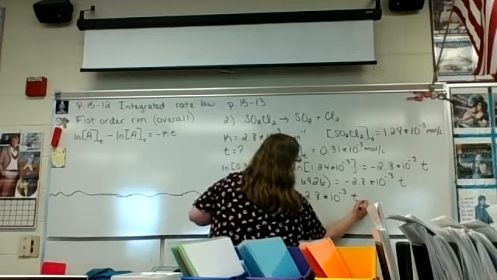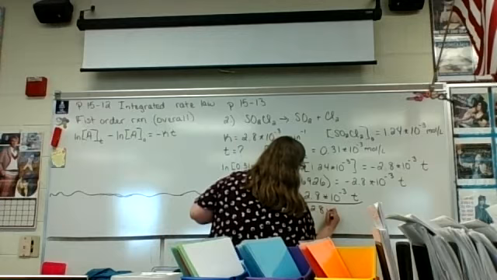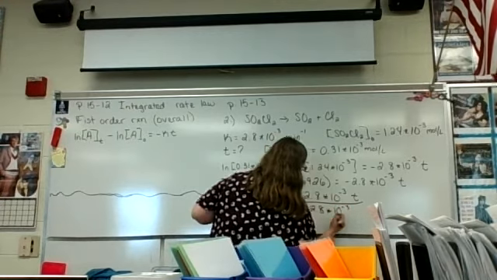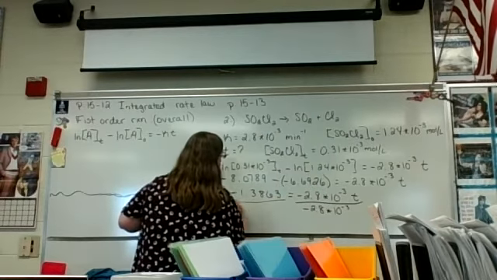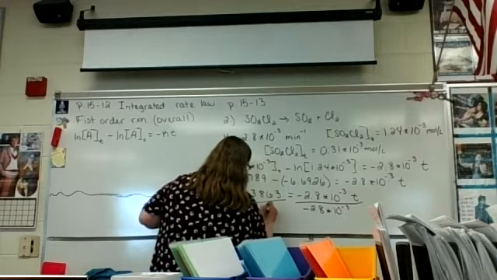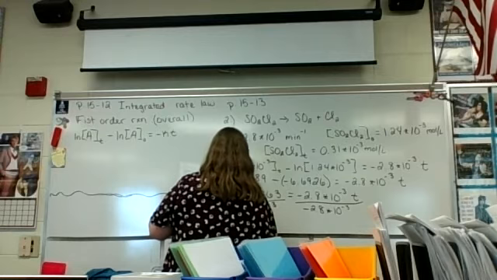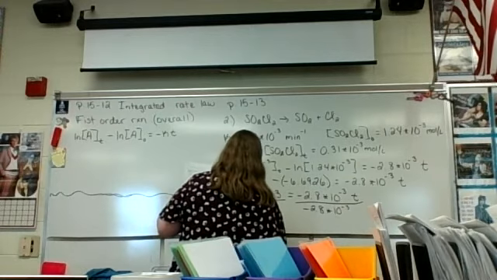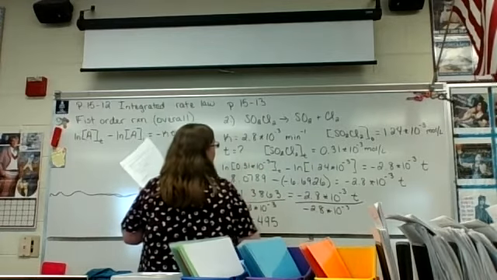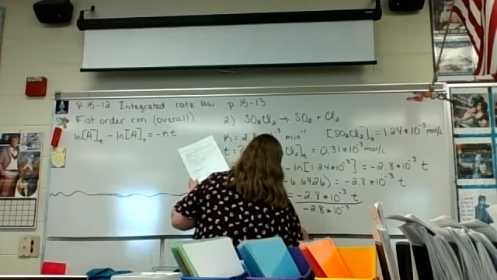And then very simply, all you have to do is divide by negative 2.8 times 10 to the negative third. And then time is going to equal 495. And k was inverse minutes, so t is going to be minutes.